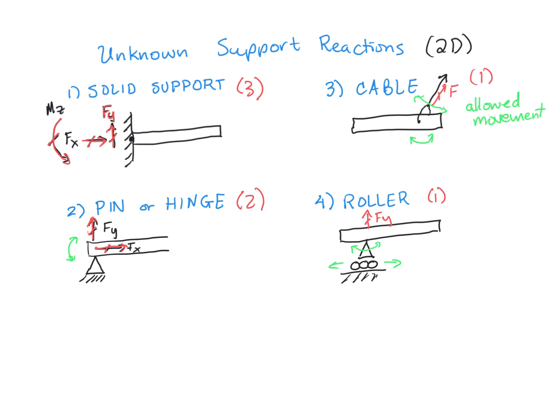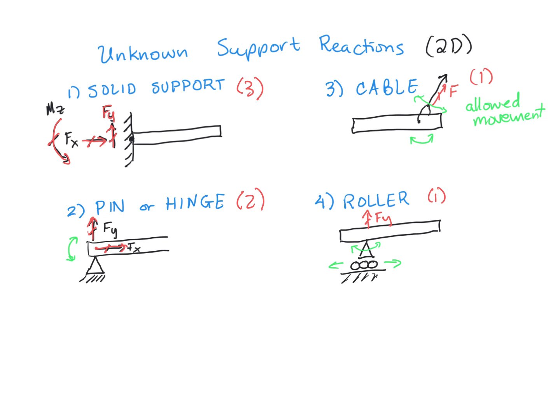So that's a summary. These are the four types of unknown support reactions. And one of the jobs, as this video is part of a bioengineering course, is to interpret when different situations that arise in bioengineering, one of these might apply.